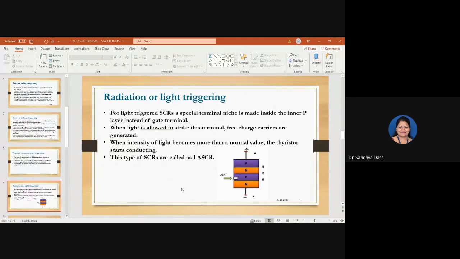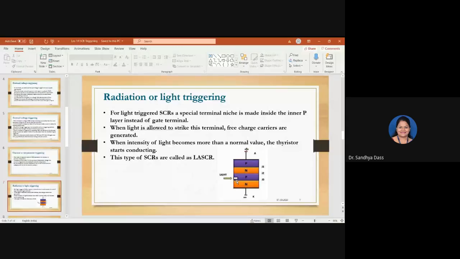Okay. So next is our radiation type or the light triggering type. As the name indicates, you can turn on the SCR by applying light or some radiation. Observe here. Instead of a gate, there is a niche. There is a point where, instead of the gate terminal, this niche is placed, wherein if light is applied there, if the radiations are made to fall on this area, that can turn on the device.